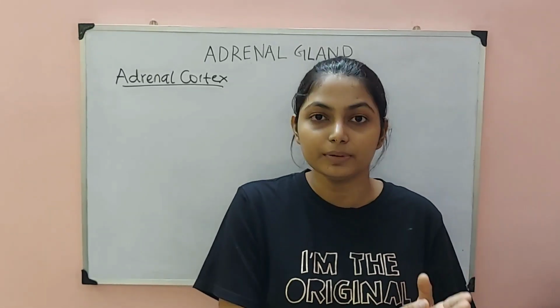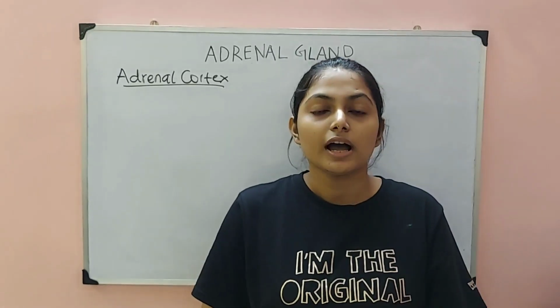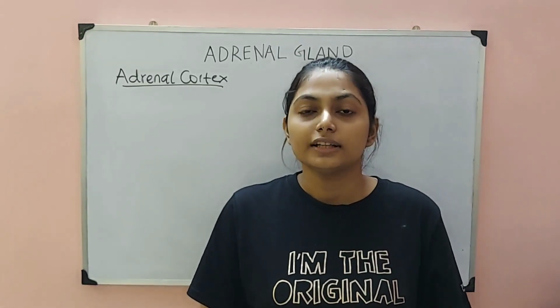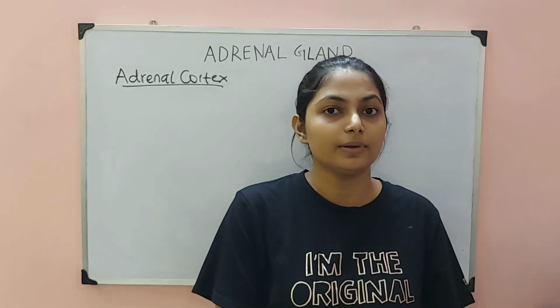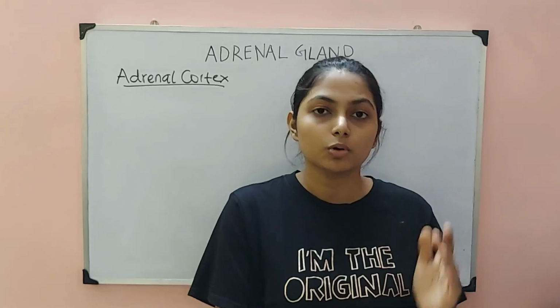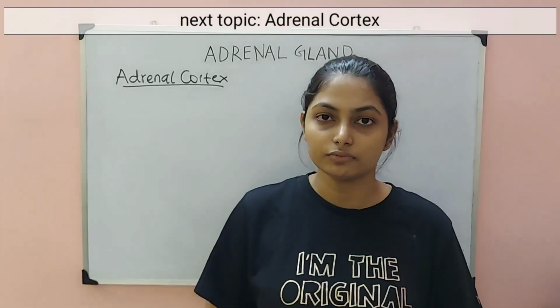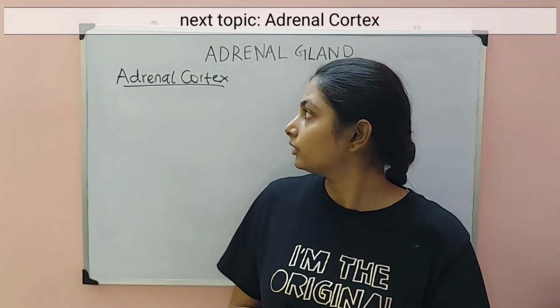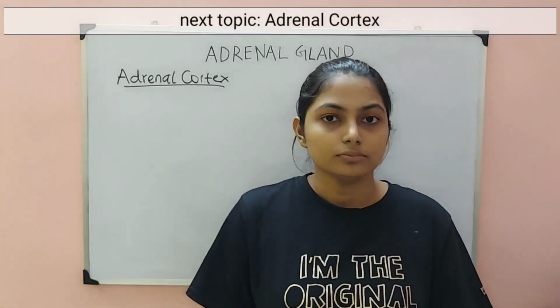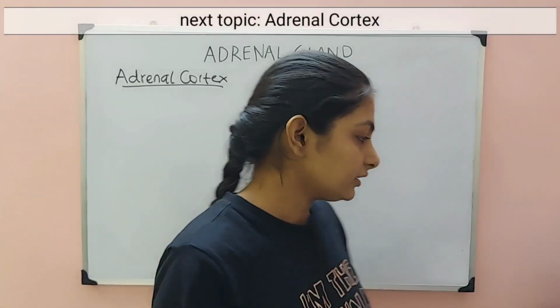Now what is the source of glucose? Glycogen, that is the major source, but glucose can also be formed by breakdown of lipid and protein. So I had told you to find out a term that is used for conversion of lipid to glucose and protein to glucose. We'll also discuss it in the later half of this video, later half of adrenal cortex. So that's all. Now we'll start with the adrenal cortex.